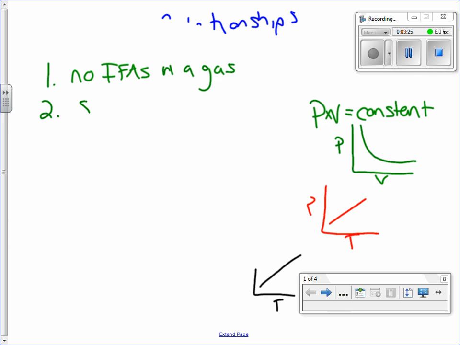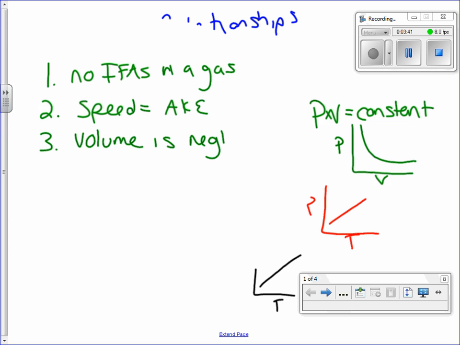It also says that speed equals average kinetic energy. The speed of the particles is directly related to the temperature of the particles. The volume of the particles is negligible. That means you can ignore it because they're so far apart.